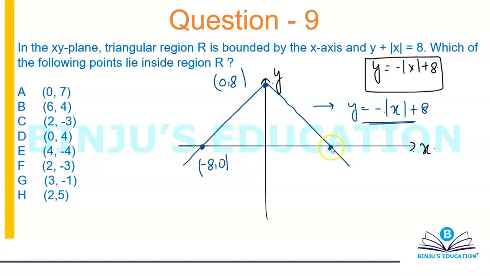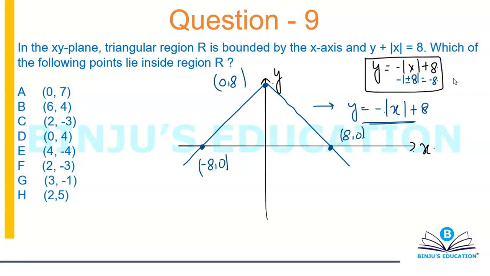And this point here is 8, 0. You can also plug in the values and verify the result. When you put x is equal to plus 8 or minus 8, then negative of mod x will always give you minus 8. Then minus 8 plus 8 will always be 0.